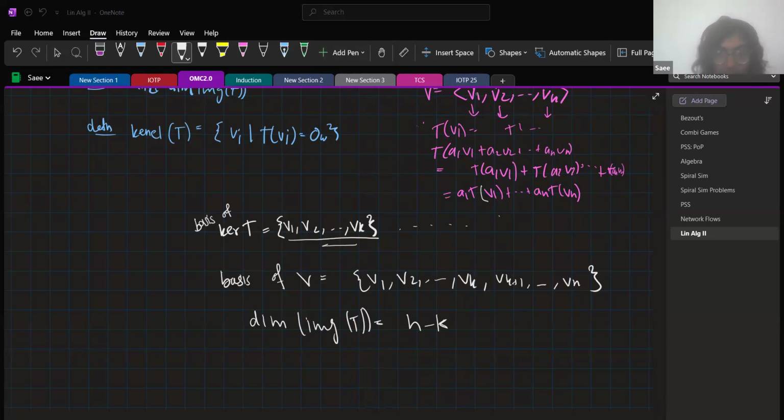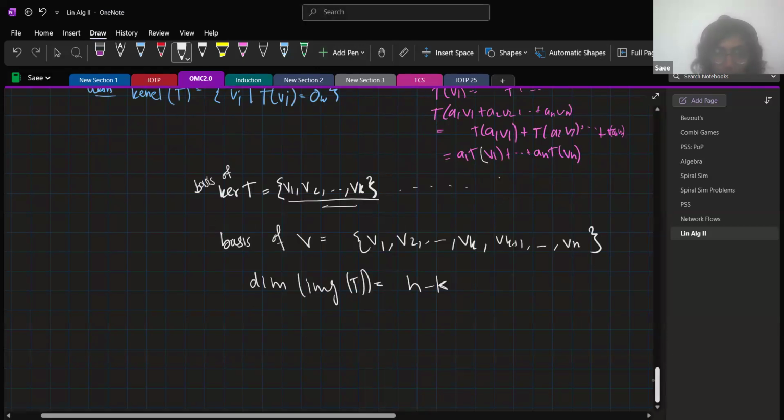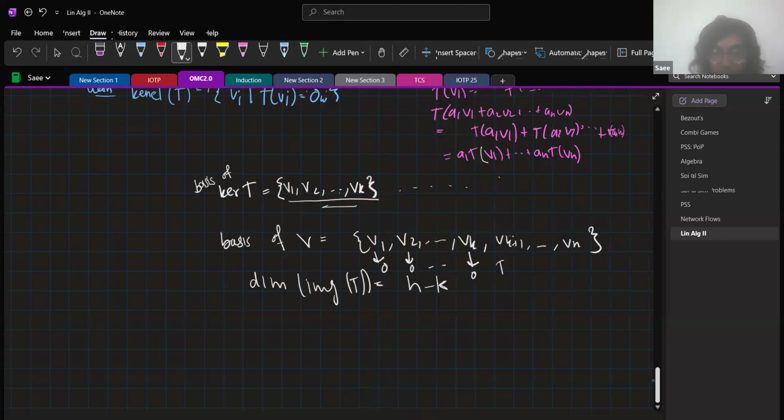So, what is a nice thing that will be very nice if true? So we know that this under T maps to 0, this under T maps to 0, this under T maps to 0, and all of these under T map to something. So what's a nice claim to make at this point?